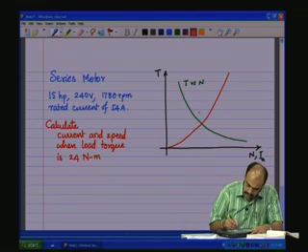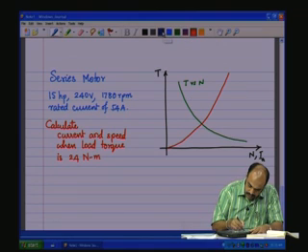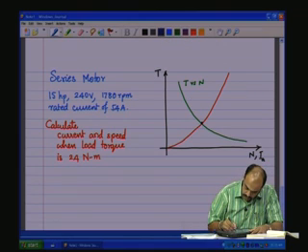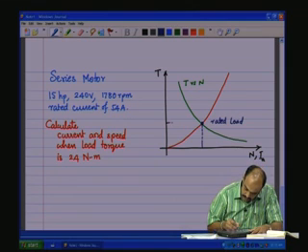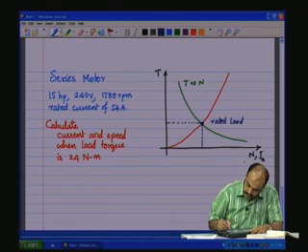Okay. And let us say this is our rated load. So, this would be the rated load, and this would correspond to our per unit 1.